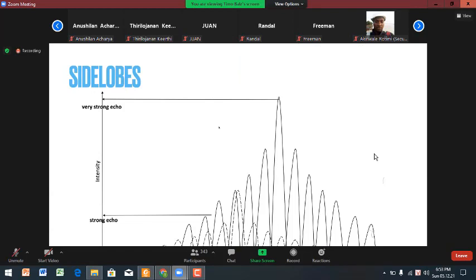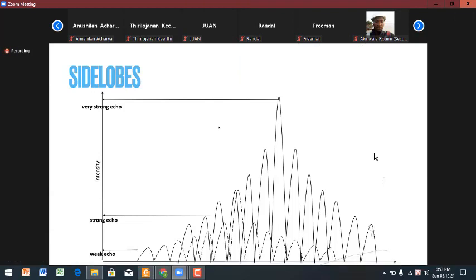Side lobes: if you get a very strong reflection from something which reflects very strongly, this reflection can be so strong that, because of the imperfection of how we collect the data, we can get these side lobes. So you have that strong echo, and then you may find such lobes on the side.